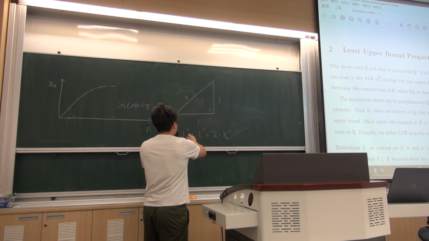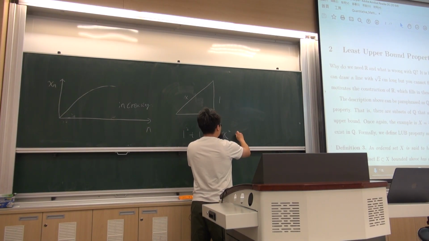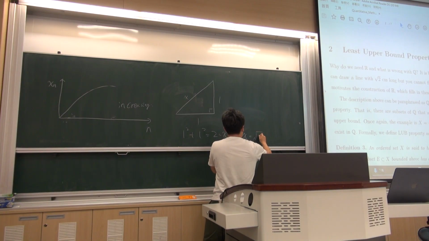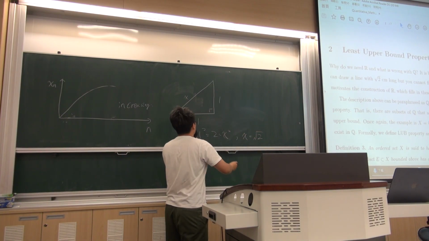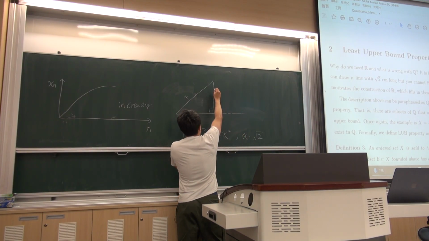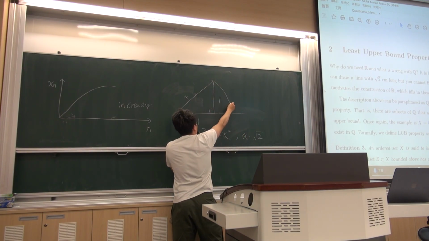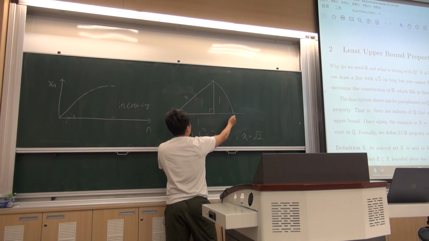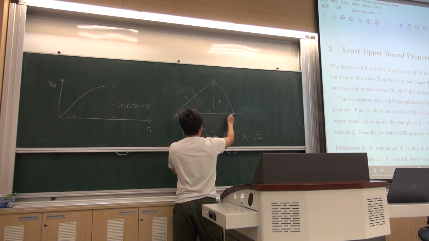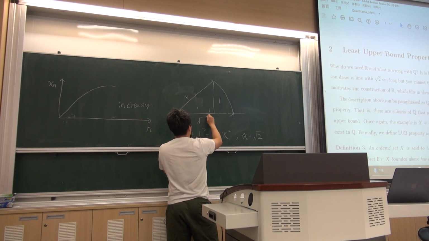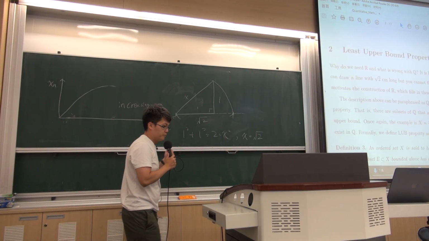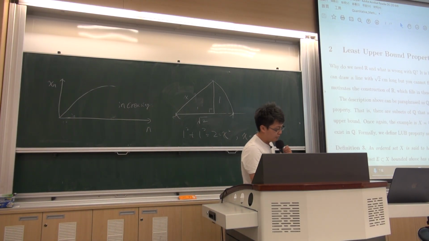So if you have the knowledge of the real line, you already know that this x equals square root of 2. Right, so how to draw it in a real line? It looks like this one. So this thing is square root of 2.